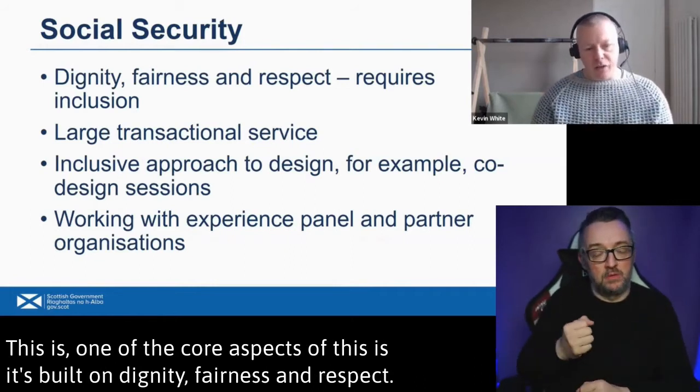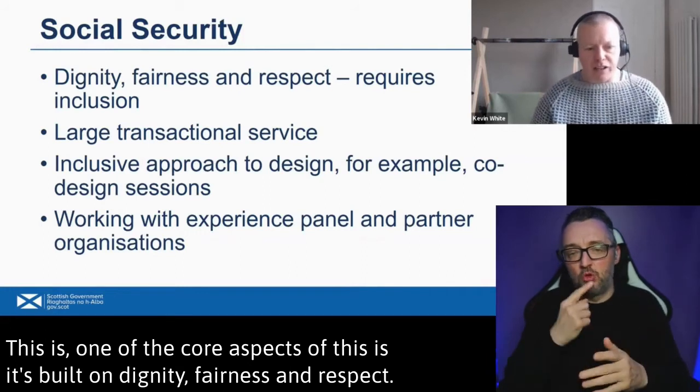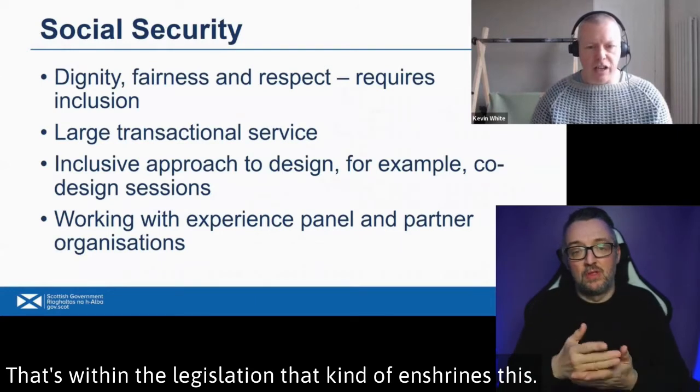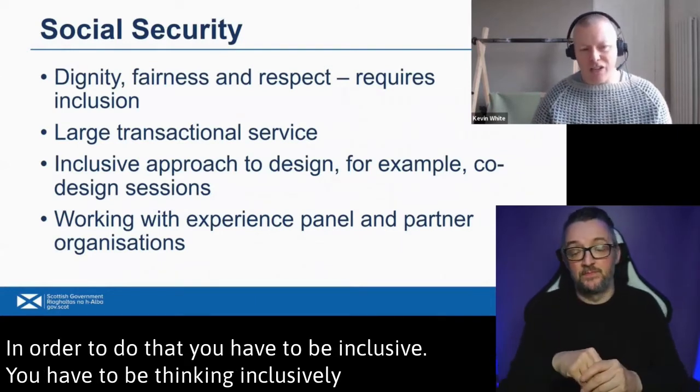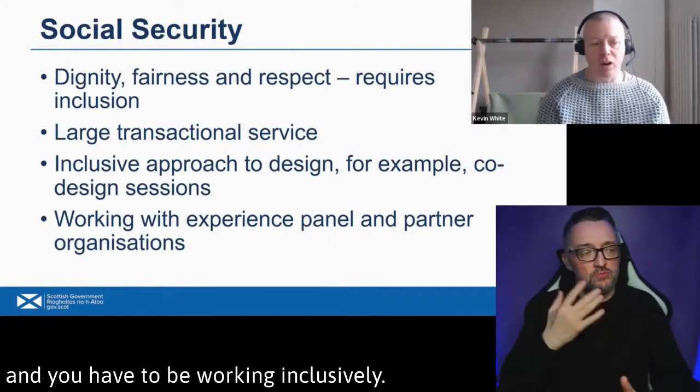This is one of the core aspects of this: it's built on dignity, fairness and respect. That's within the legislation that enshrines this. In order to do that, you have to be inclusive. You have to be thinking inclusively, and you have to be working inclusively.